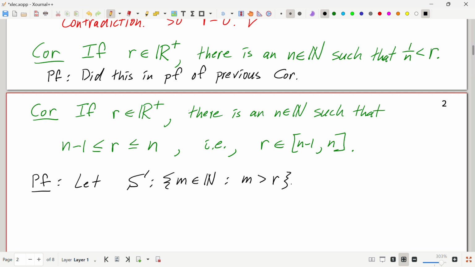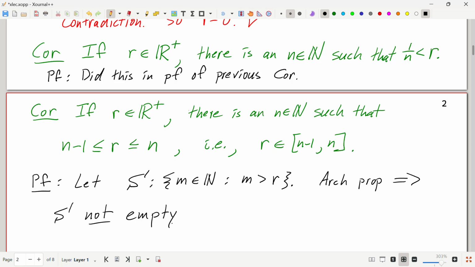Notice that it's not empty. So the Archimedean property implies S is not empty. So it has a smallest element.